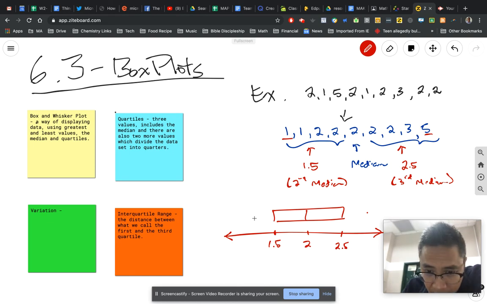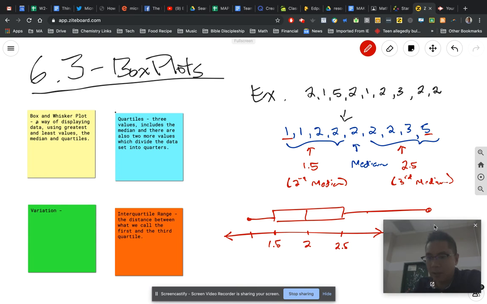So if I draw 1 to scale, that would be my whisker on the left. And then unfortunately I got cut off, but that would be my other whisker, which I'll have to draw. That represents the 5 here.